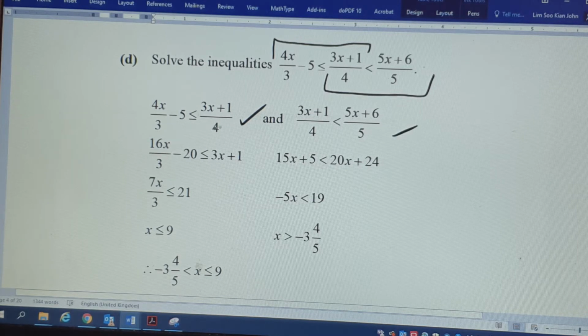Okay, now after you have done this, it's like your normal algebra. You make all the denominators the same. So how to make all the denominators the same? Oh, you have 4, I have 3. We both must have 4 and 3, so I times 4. That's why I get this.